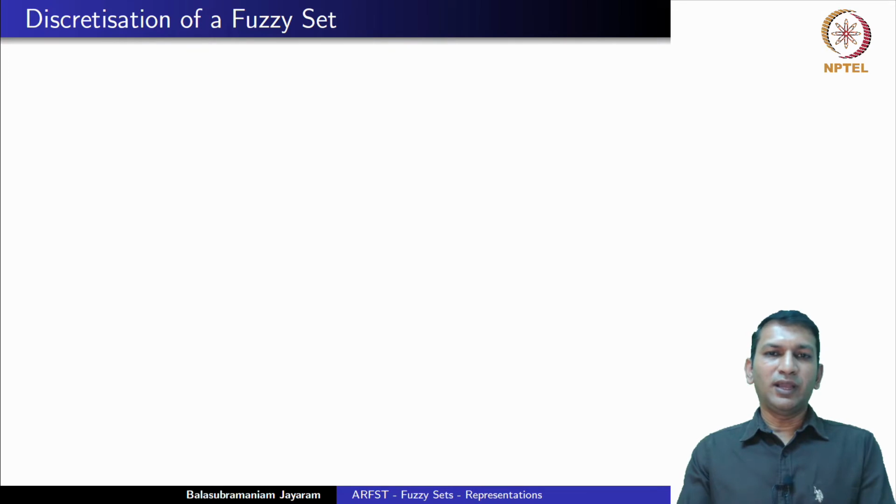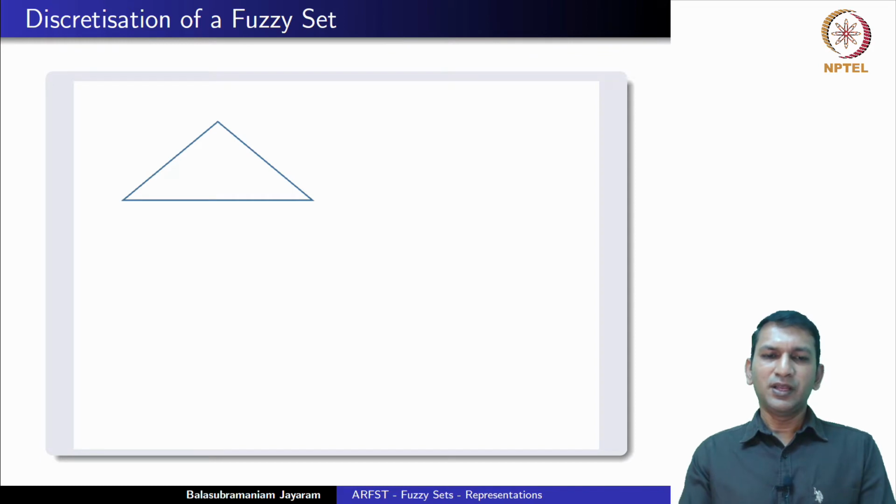So while in abstraction you can look at it as a function from x to [0, 1], often while implementing it goes through a discretization. So let's look at what is discretization of a fuzzy set. Imagine this is the domain x and you have a fuzzy set which is triangular in shape, but we discretize the domain into just 5 points. So now this entire continuous function can be represented by a mere vector of 5 components.